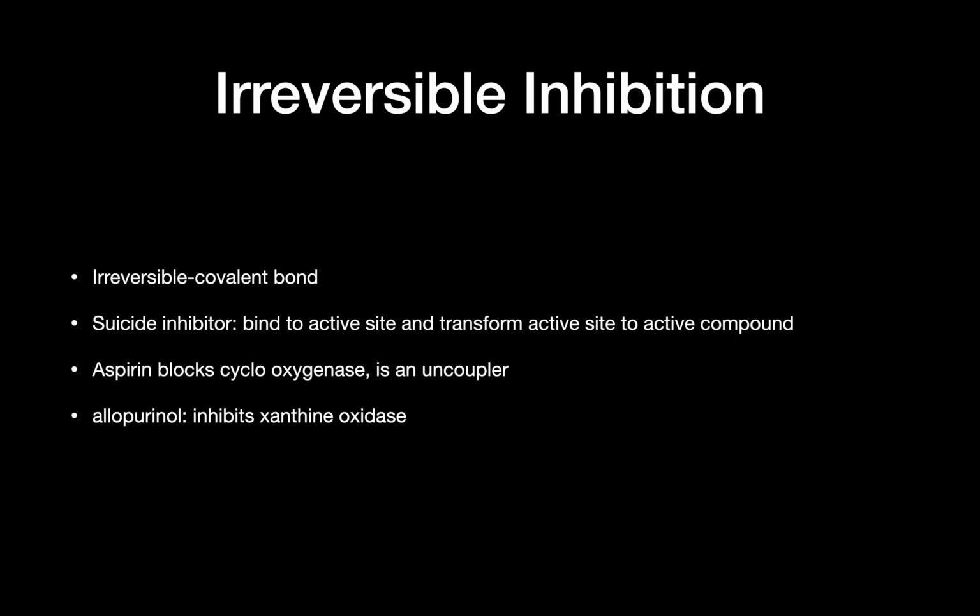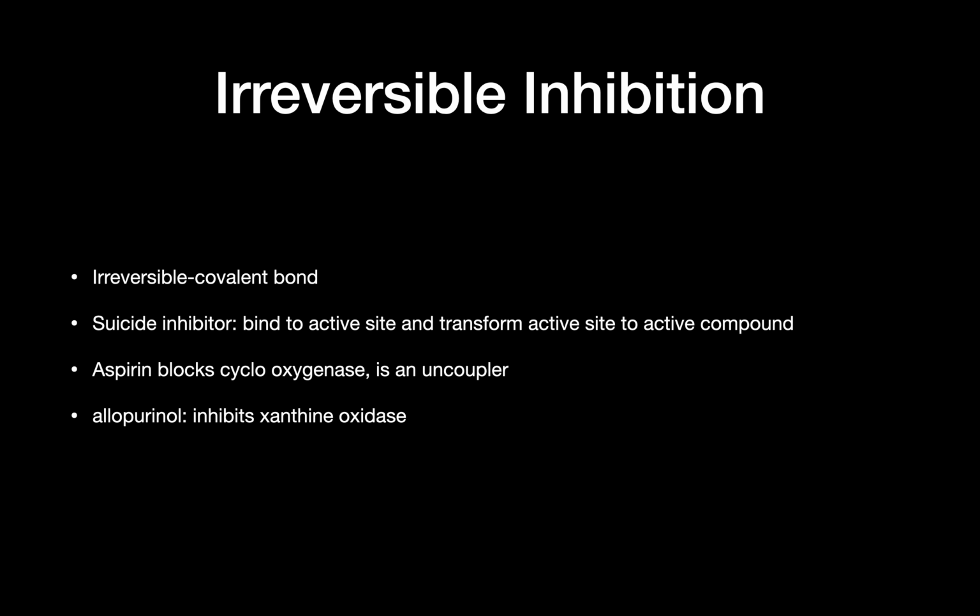So irreversible inhibitors form covalent bonds, and they're suicide inhibitors. Once the substrate binds to an active site, it transforms the active site to an active compound, and then the body will recognize that compound and degrade it, or once it has been activated, the enzyme itself will just uncouple.